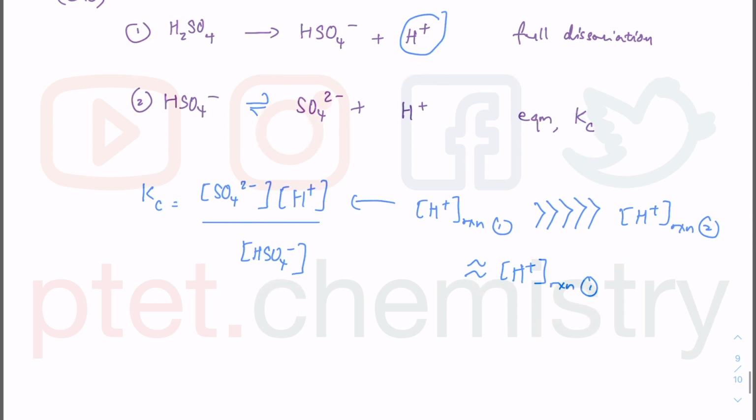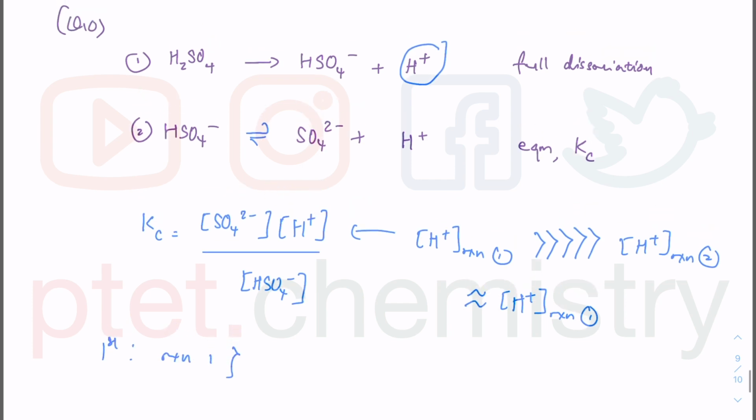If I look at reaction 1, so this is not option A, this is just, let's say, step 1. Maybe I just do the first step, okay? So let's look at reaction 1. What is going to be our concentration of H plus here? Remember that all of this is in the same total volume.